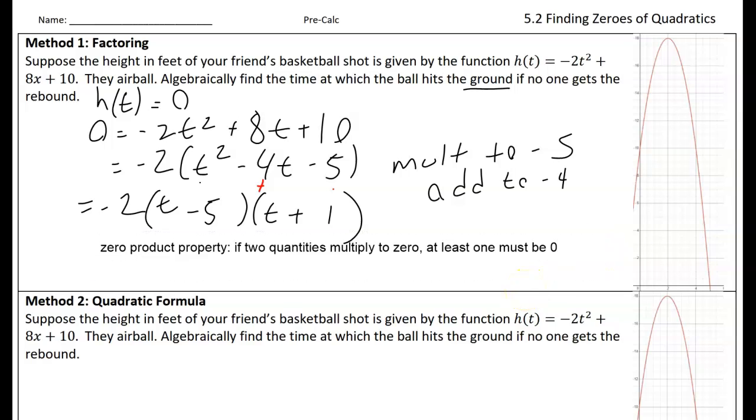So that's really why this works. So I have two factors here. At least one of them has to be 0, right? And this, of course, gives 5 seconds. And this gives -1, and we are going to disregard our negative time. Right? So what we just found, of course, is the x-intercept of the graph right here.